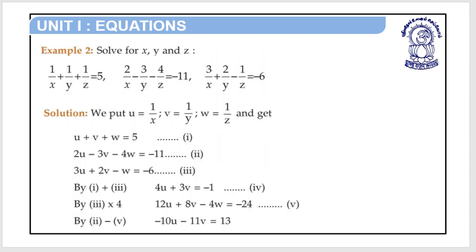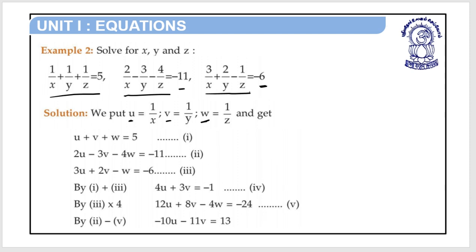Now next, solve for x, y and z. 1 upon x plus 1 upon y plus 1 upon z is equal to 5. Here 2 upon x minus 3 upon y minus 4 upon z is equal to minus 11. 3 upon x plus 2 upon y minus 1 upon z is equal to minus 6. We can write, instead of 1 by x, u, 1 upon y, v, and 1 upon z, w.